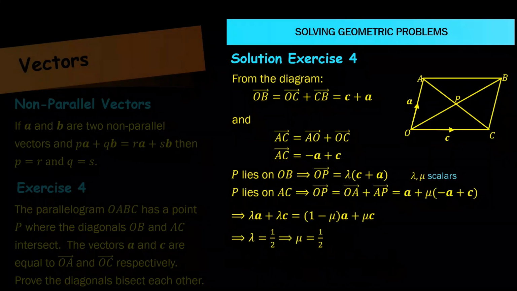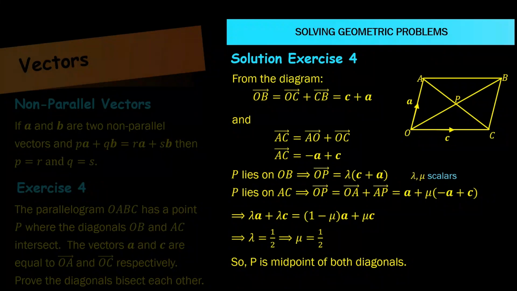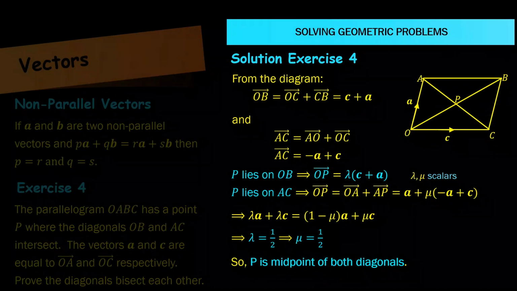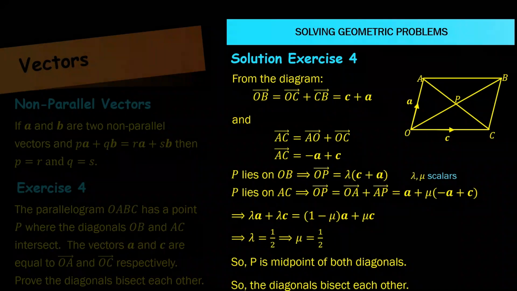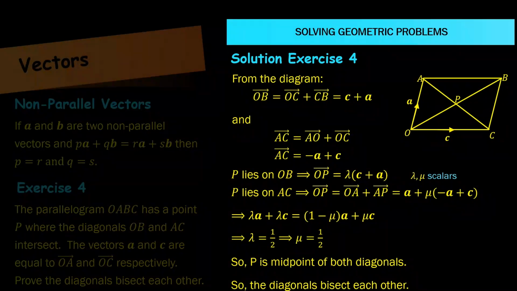And therefore, P is the midpoint of both diagonals. Since P lies on OB and AC, and OP equals a half times c plus a. And therefore the diagonals bisect each other. And so we've completed our exercise.